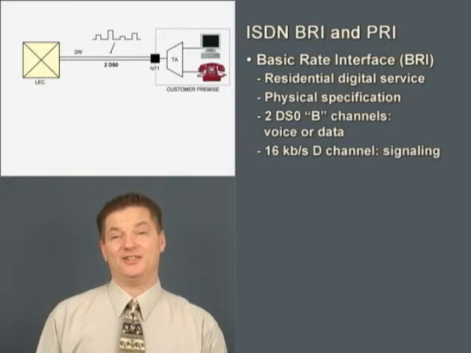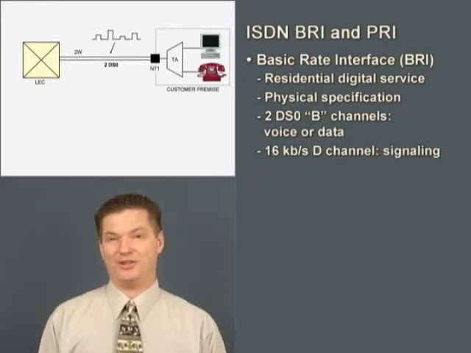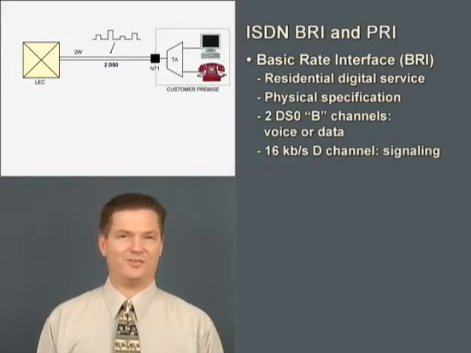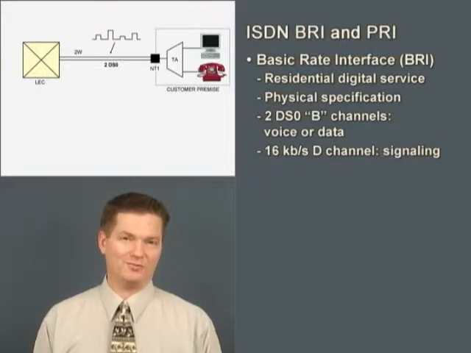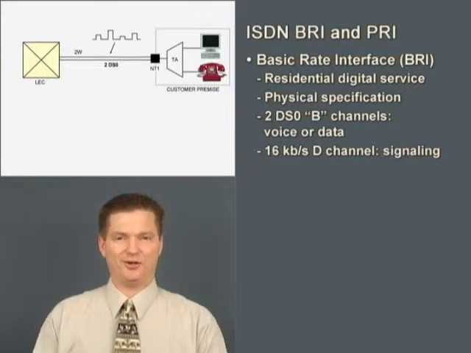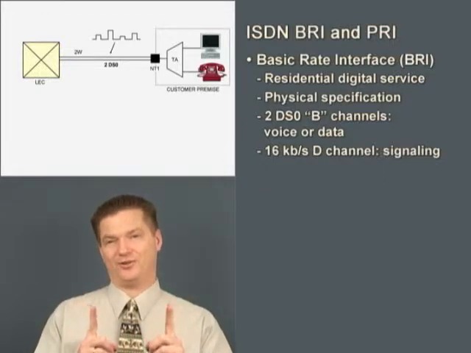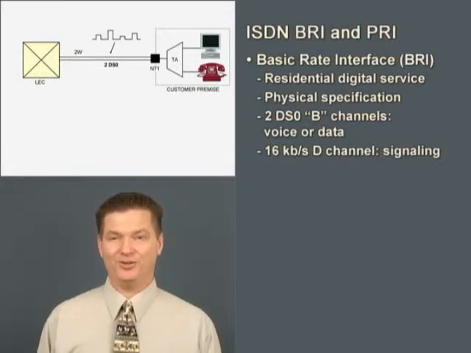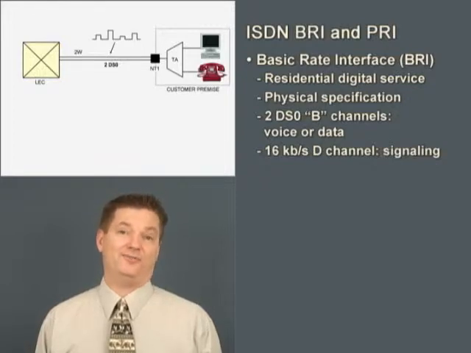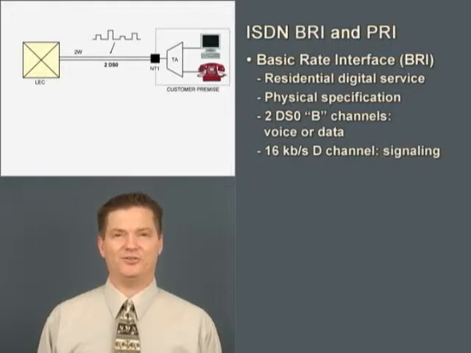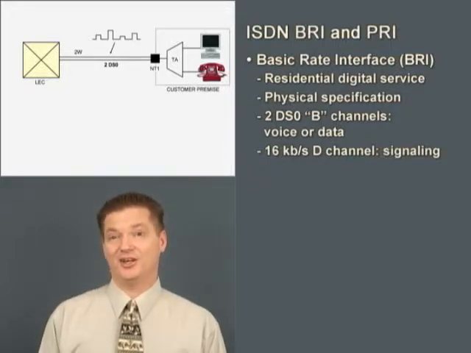However, with the DS0s you get with ISDN basic rate, you can use those for voice or you can use them for data. And actually you can combine them together. So you get 2 times 64 or 128 kilobits per second phone call. And that is enough for doing client-server computing. So there are a number of people who have ISDN basic rate installed in their homes so that they can telecommute.